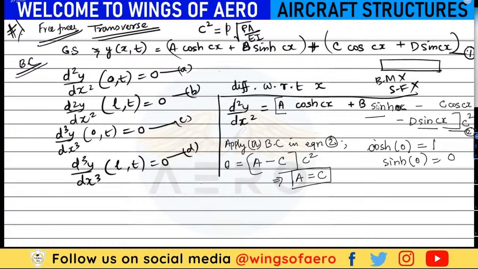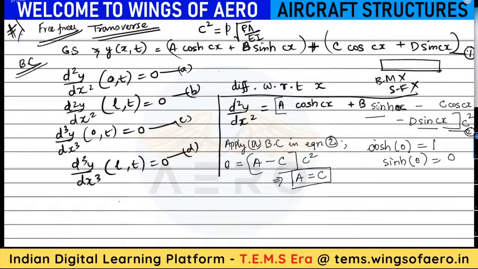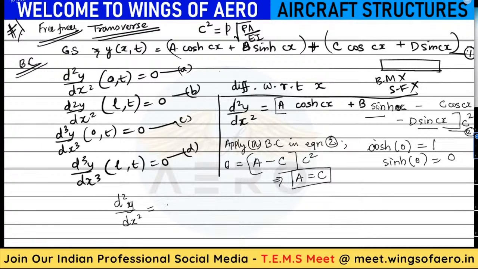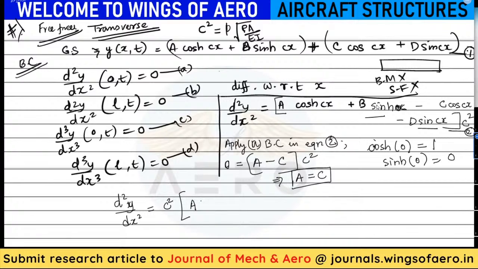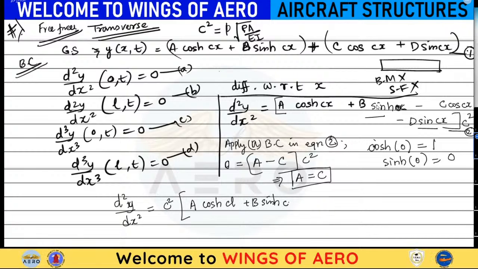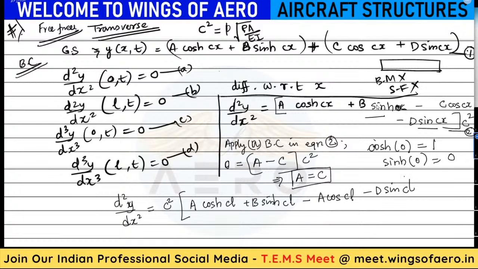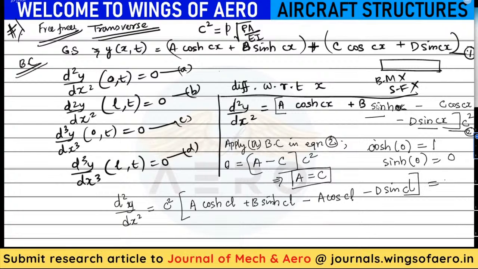So further differentiate, we are going to apply when x equal to L. d square y by dx square equals c square into, let's consider in terms of a, a cosh cl plus b sinh cl minus a cos cl minus d sin cl, equate to 0.